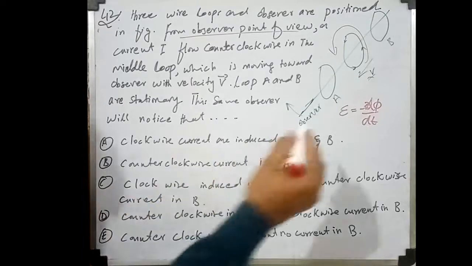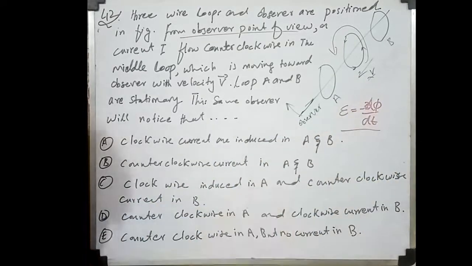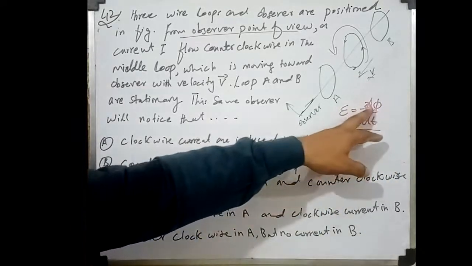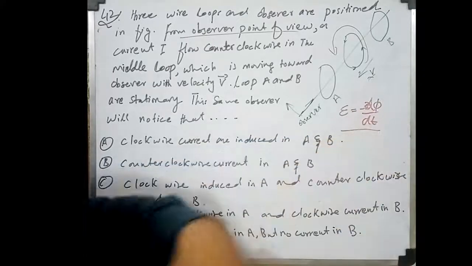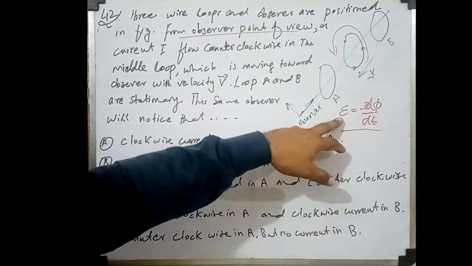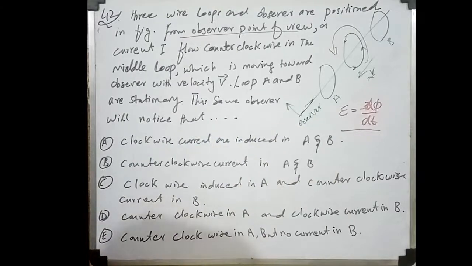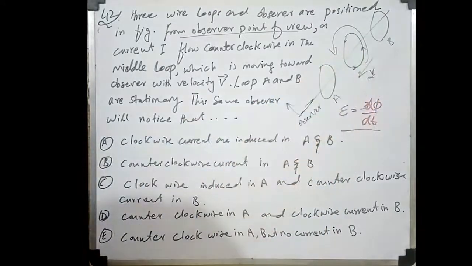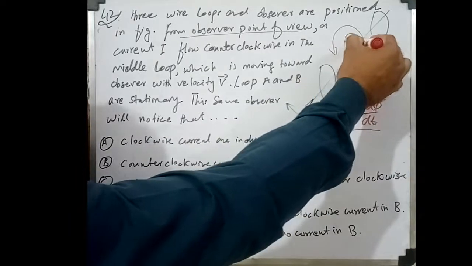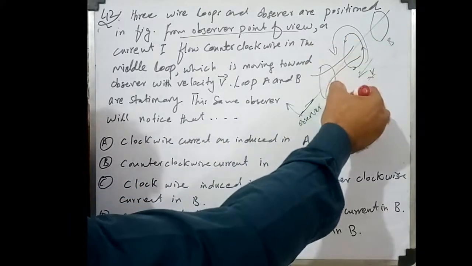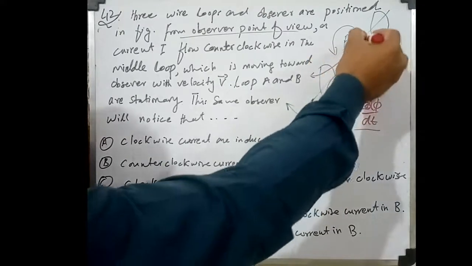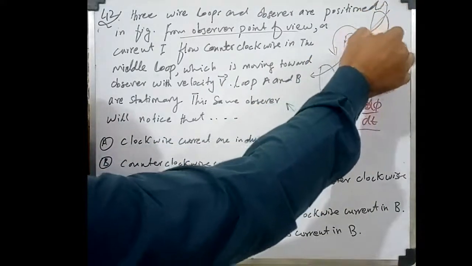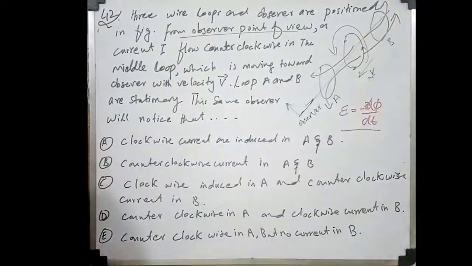Now this equation states that if there is a change in magnetic flux through any coil or loop of wire, there should be induced EMF and induced current. So if the middle loop is moving, the magnetic field lines due to this loop are passing through A and also passing through B.